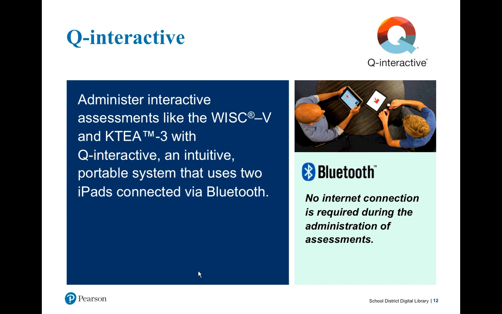And these are administered using two iPads that communicate to each other through a Bluetooth channel. What's important about calling that out is you don't need an internet connection. It's not required to administer these tests. So there's a mobility aspect here that's really nice. You're carrying just two iPads as you go from potentially site to site to site, and you're able to administer these tests in an extremely engaging way.